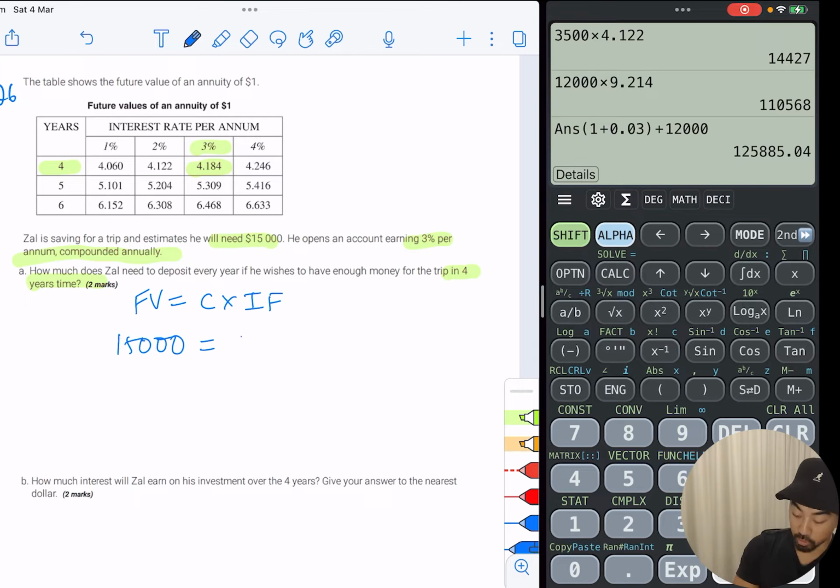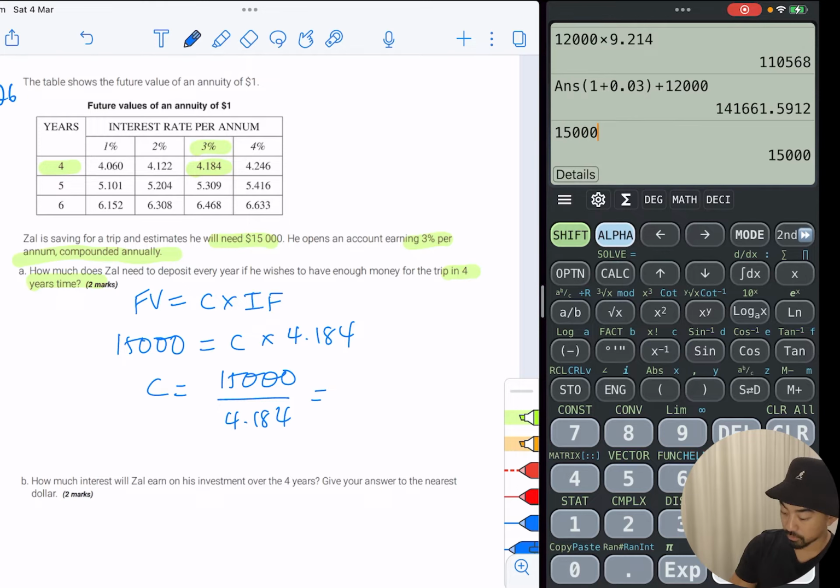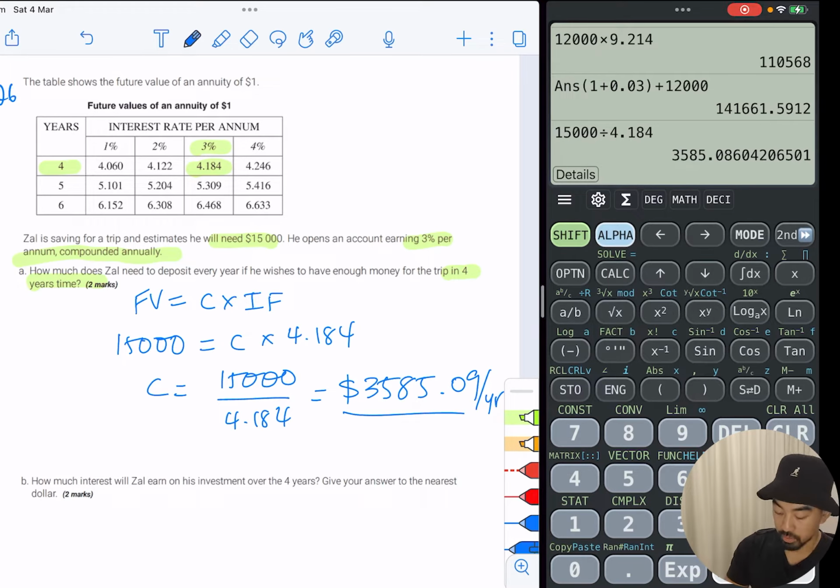And we want to work out the contribution. So it's going to be times his interest factor, 4.184. So therefore his contribution is 15,000 divided by 4.184. So his contribution is $3,585.09 per year, just to make it obvious.